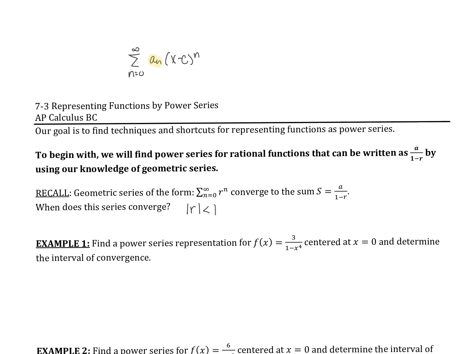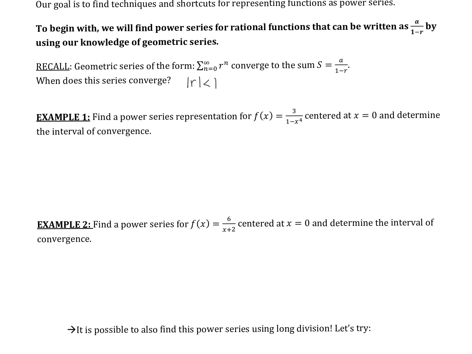Now, what I'm hoping to do is to turn a function, something like this first example, f of x equals 3 over 1 minus x to the fourth, centered at x equals 0. My goal is to write a power series that looks similar to the one up above, and we're going to start with the idea of a geometric series.